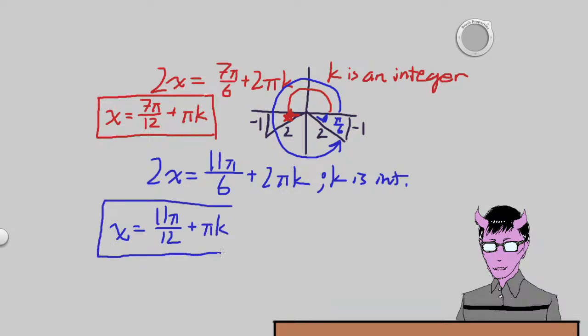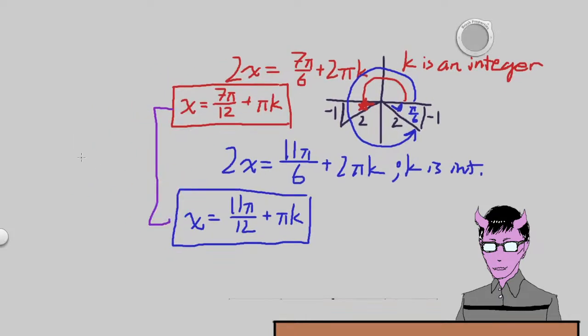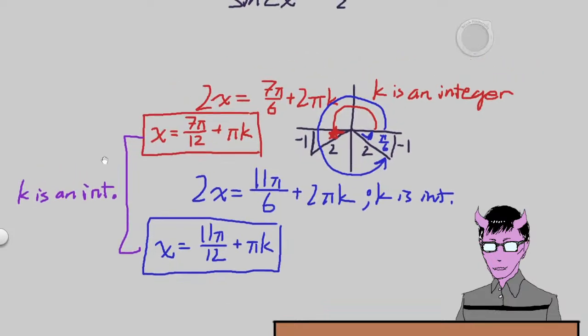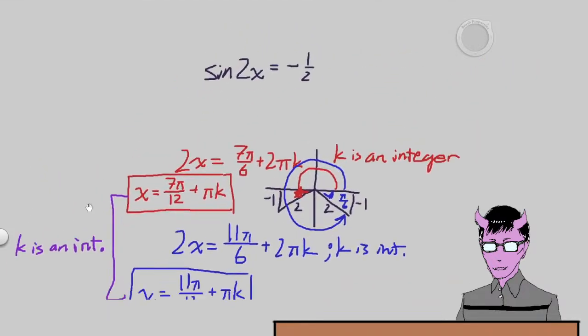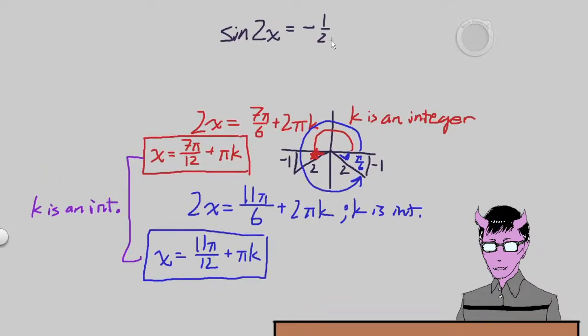And that should encapsulate all our answers. We should still put k as an integer. So 2 answers where k is an integer. And that should capture all our answers, and thus we have successfully answered this particular question right here.